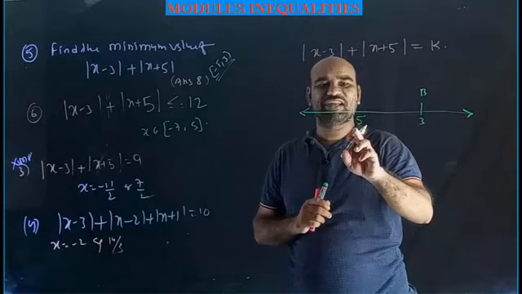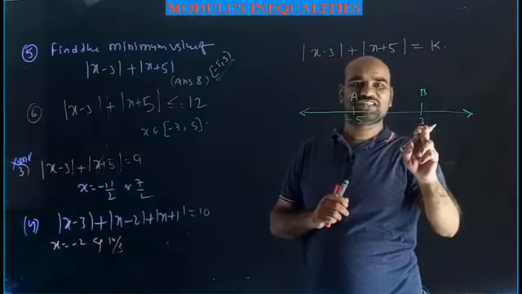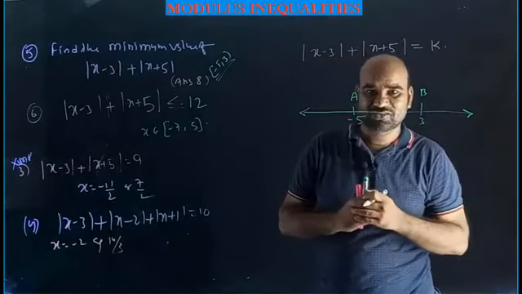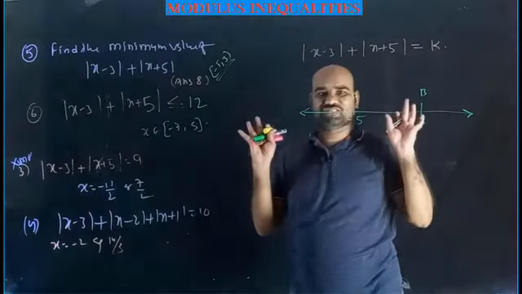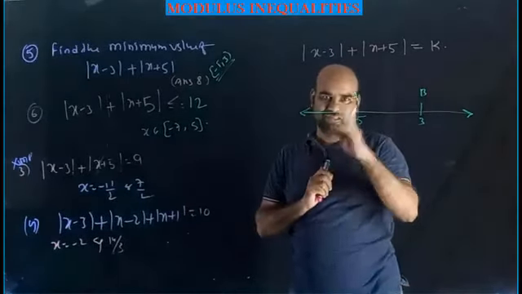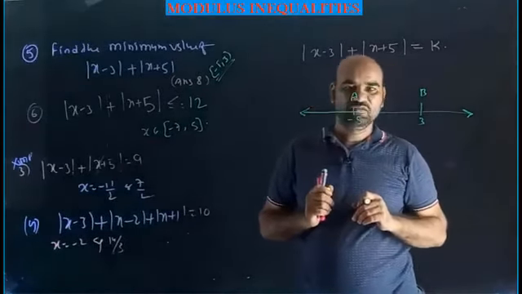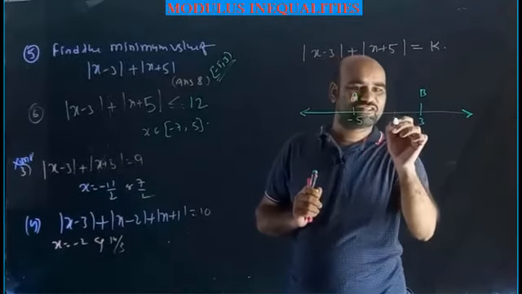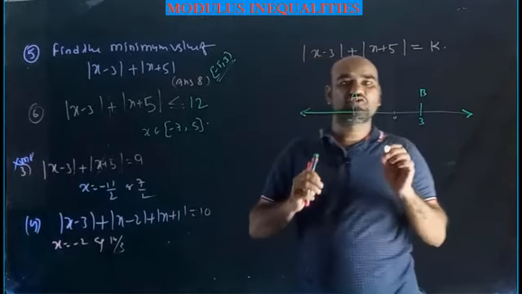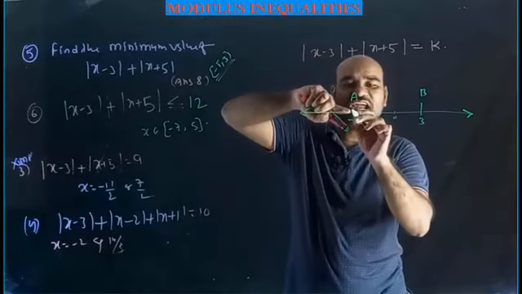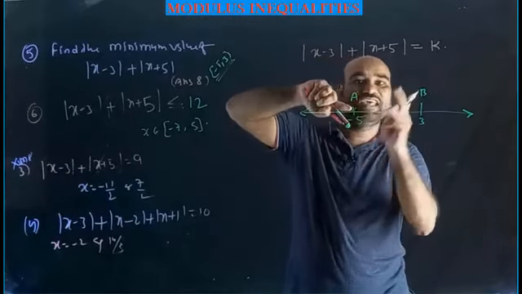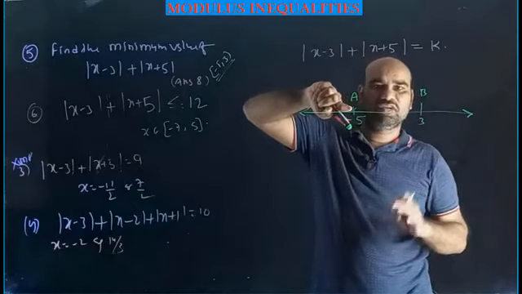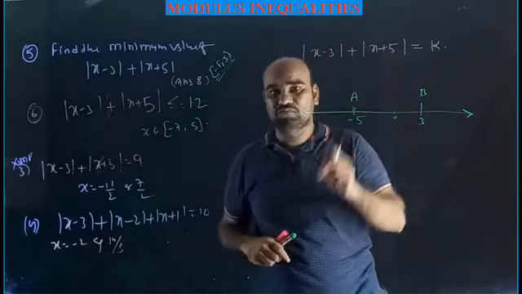One person is at minus 5, another person is at 3. They want to meet each other so that the sum of the distance should be minimum. Interesting. Assume that they want to meet at A's home.